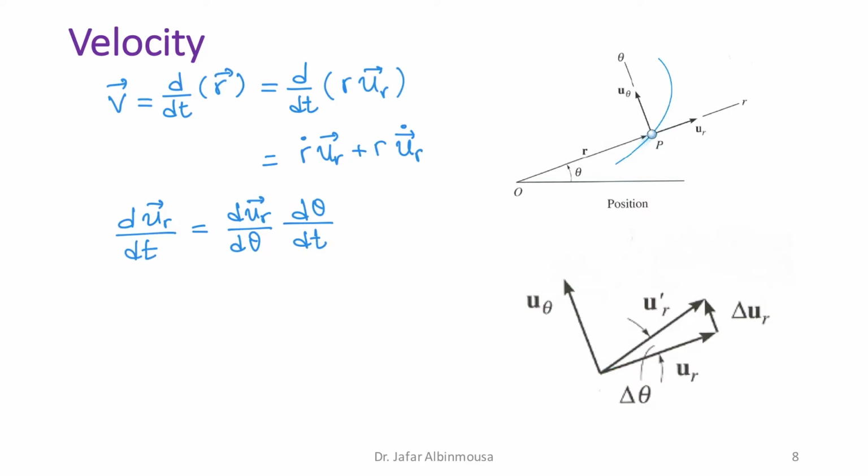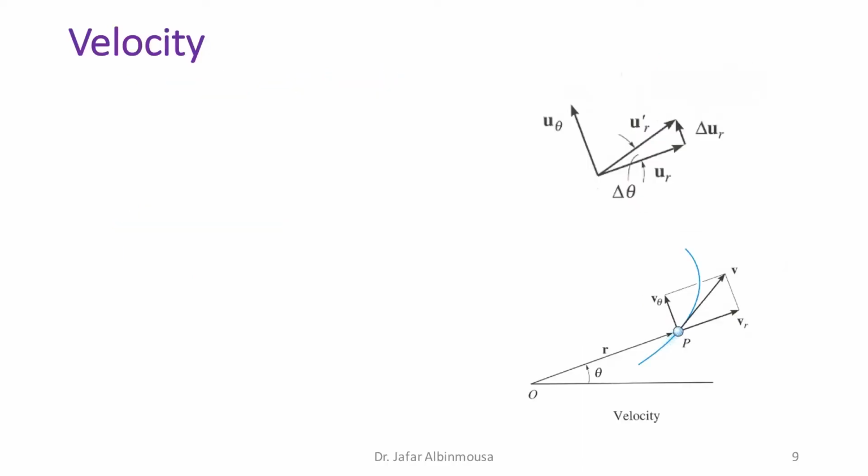Now, clearly, d theta over dt is very simple. This is just the rate of change of the angular position. So indeed, what we are going to get here is theta dot multiplied by dur over d theta. Now, we will have to find what this part of the derivative is.